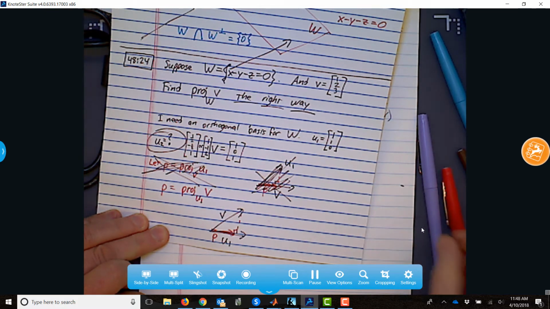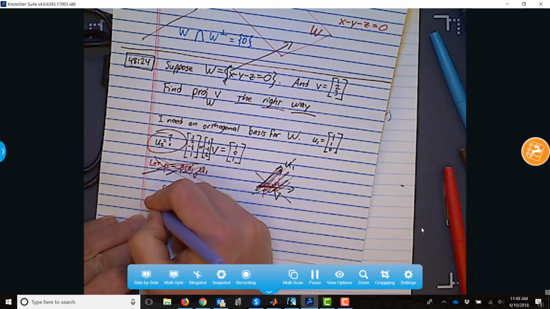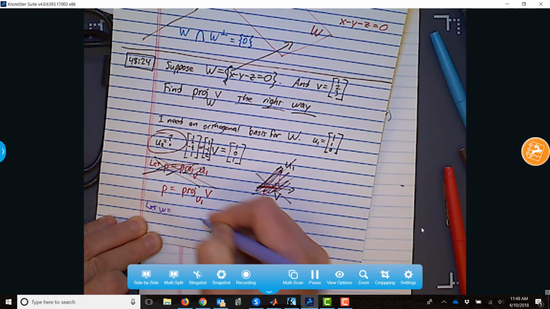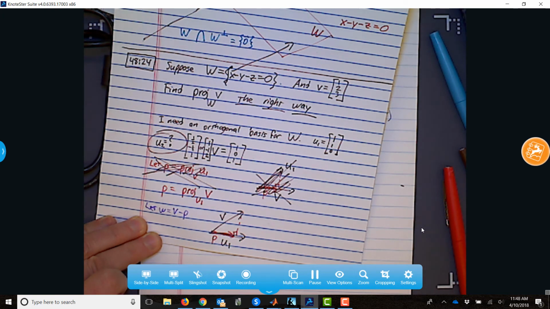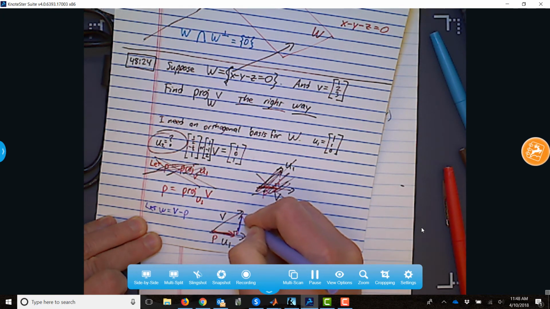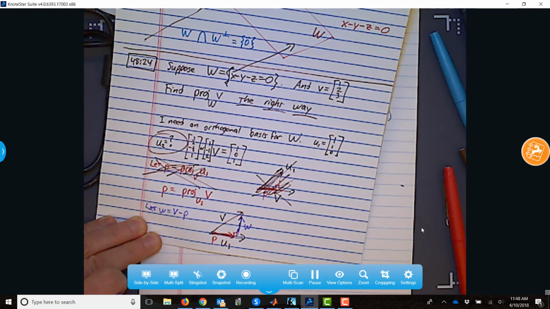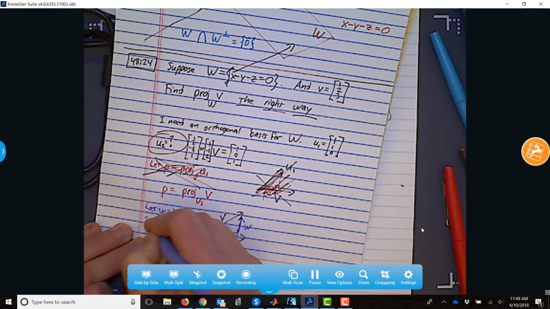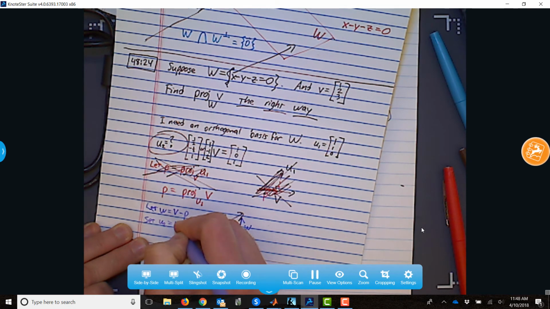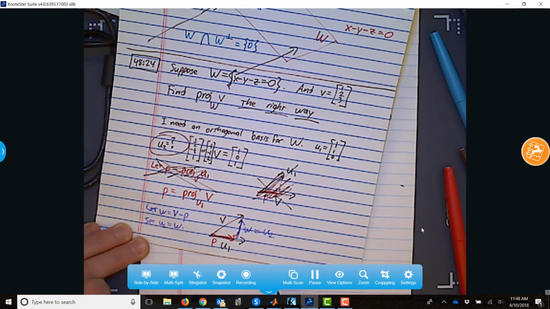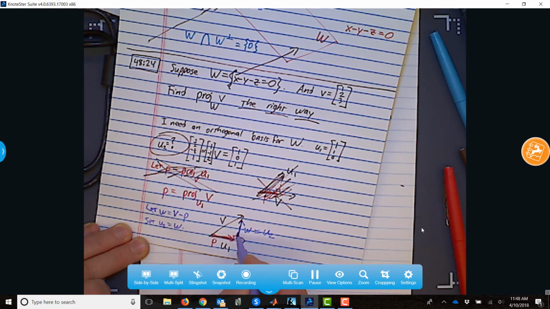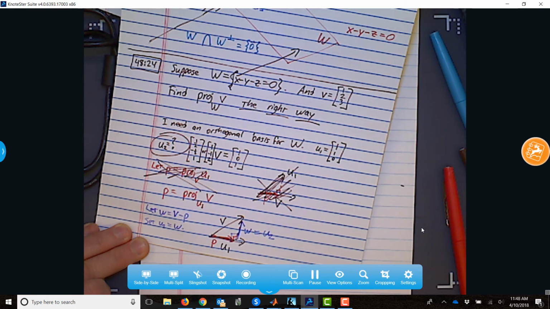And then I will let W be V minus P. So isn't that right here? There's W. Okay? And I'm going to set U2 equal to W. Make this my U2. Because then what'll be true? It'll be orthogonal to U1. Do you guys understand the picture?